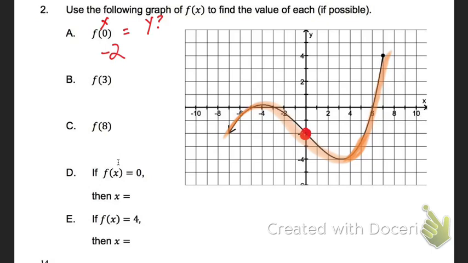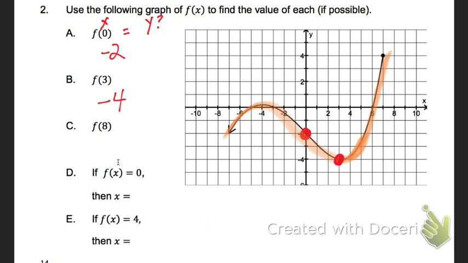So try f of 3. Just get -4. This is right. So I'm just going to go to x equals 3, go down to where my function is.